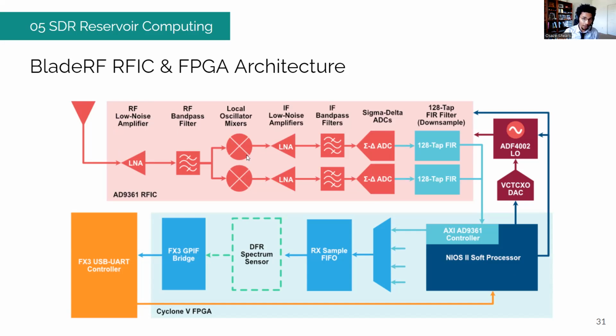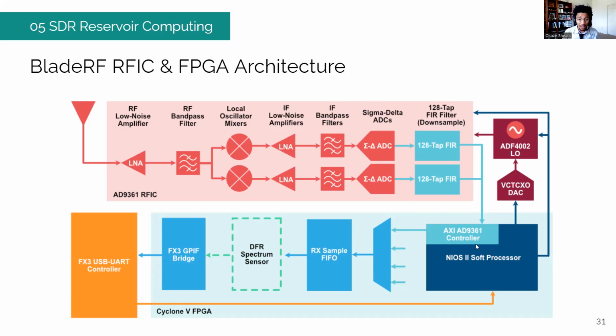And once that process happens, it's mixed to separate the in-phase data and the quadrature data. After going through more filters and amplifiers, this data is converted into a digital representation using the sigma-delta ADCs inside of that chip. And then it's downsampled so that it can now be processed by the FPGA.